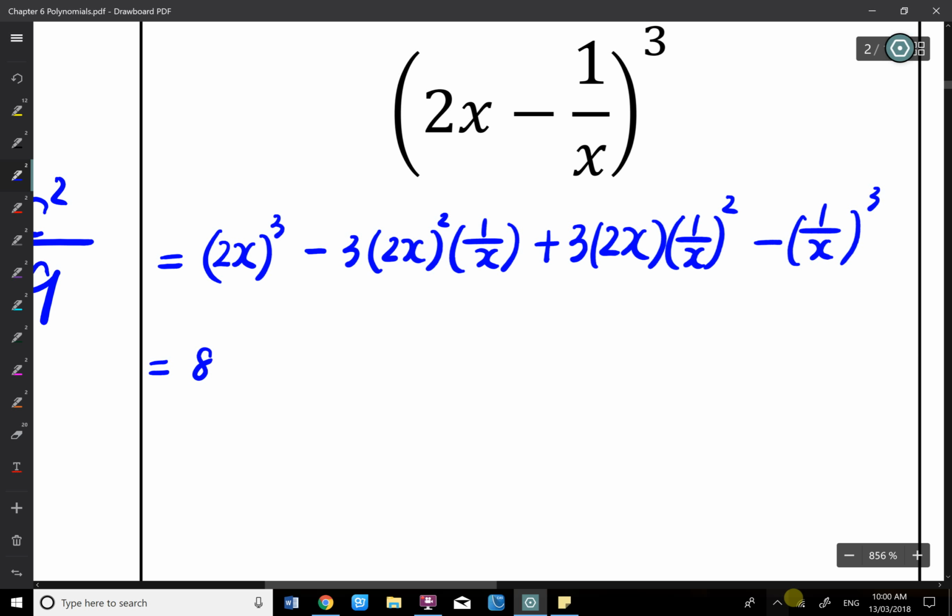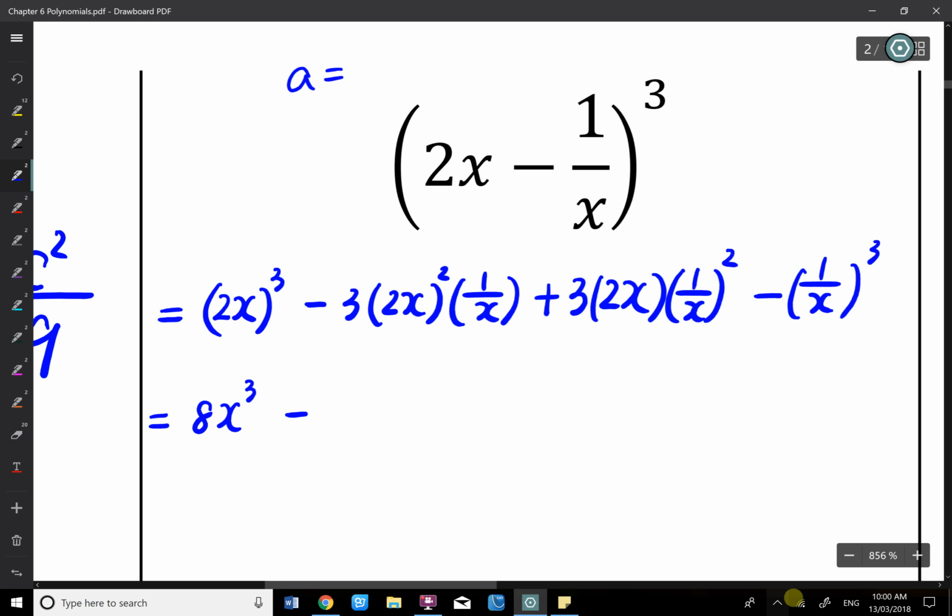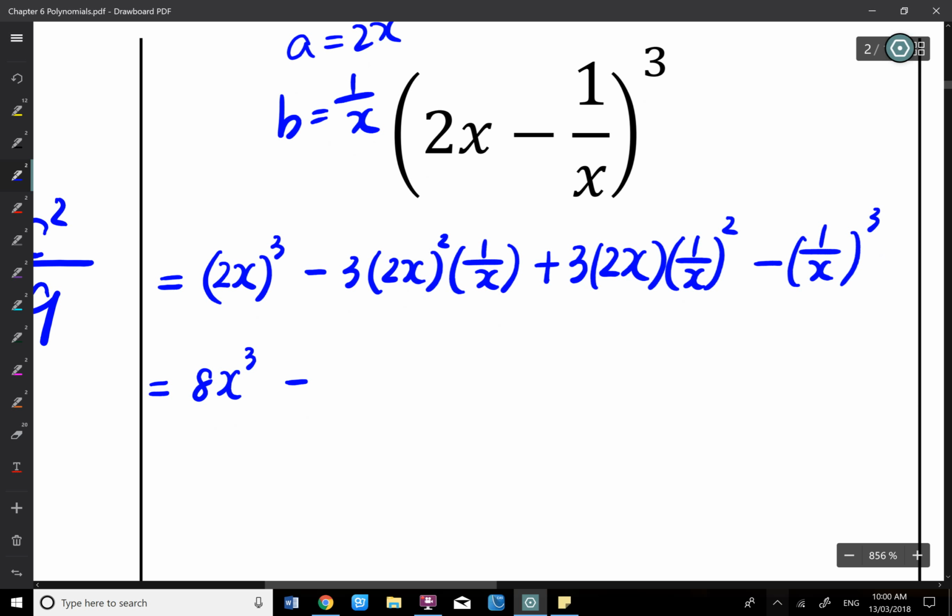That gives me 8x cubed. A is 2x, b is 1 over x, a minus b cubed. And then we have x squared and 1 over x becoming 1x, so 12x.